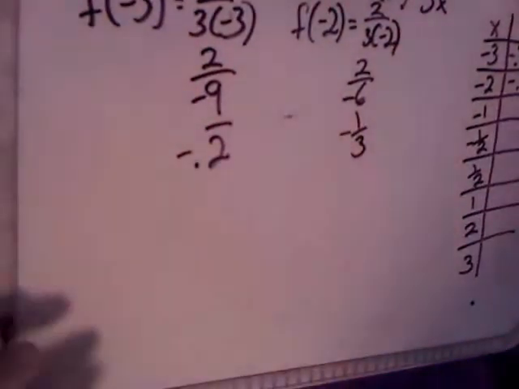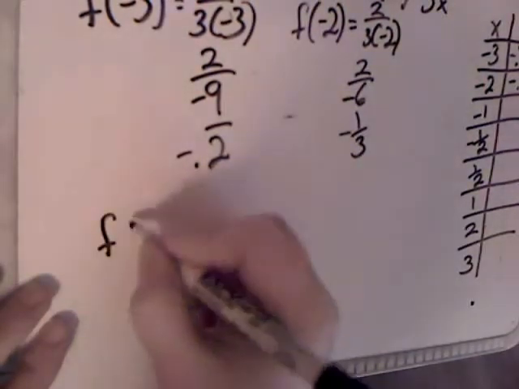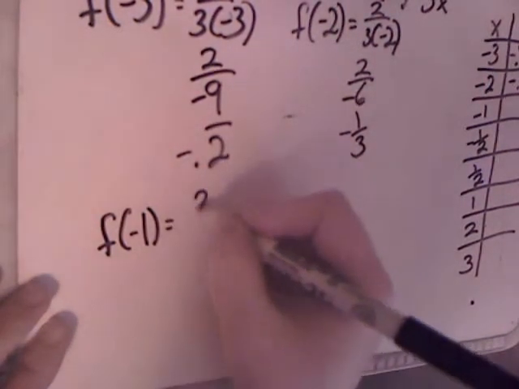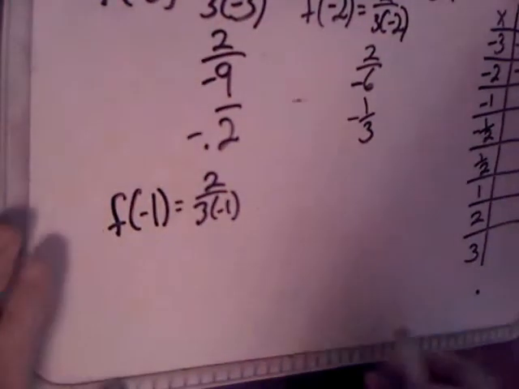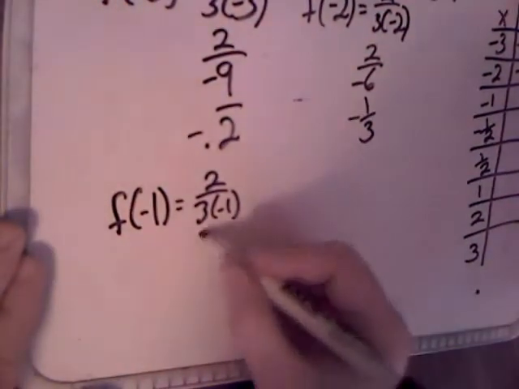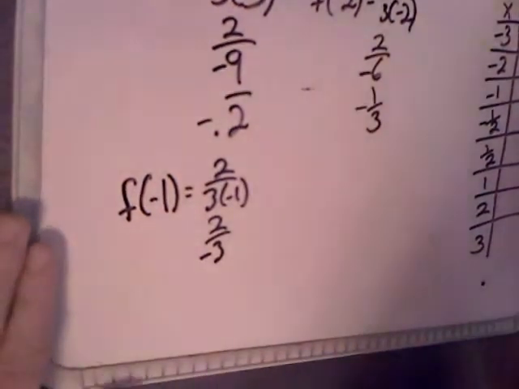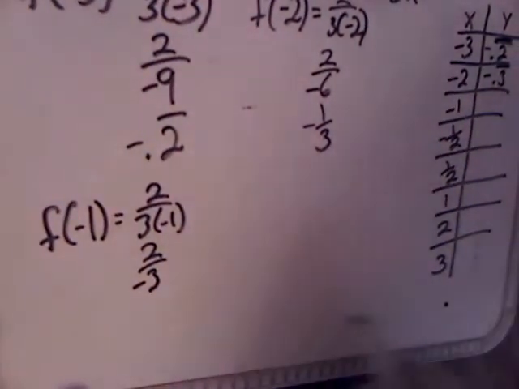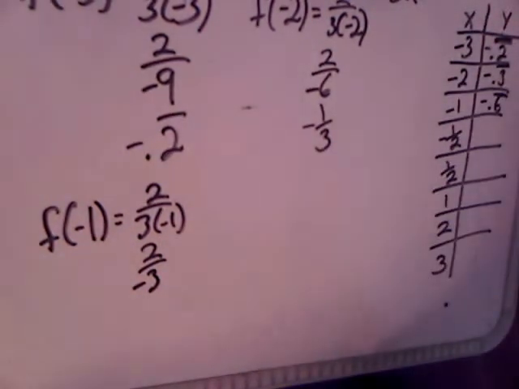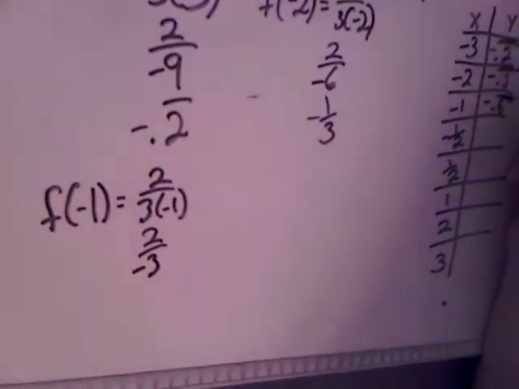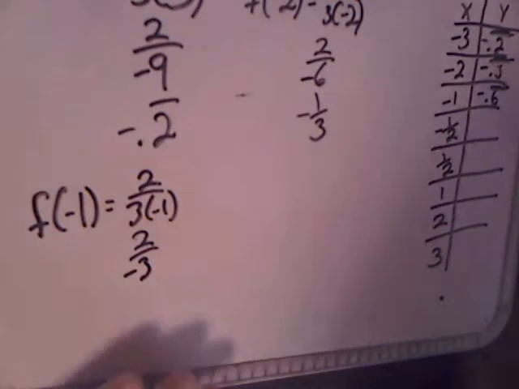Let's go ahead and look at -1. 2 over 3 times -1. 3 times -1 is the same thing as -3. Whoops. And then I have -2/3, which is going to be the same thing as -0.6 repeating. I'm going to try to make these repeatings as obvious as possible.